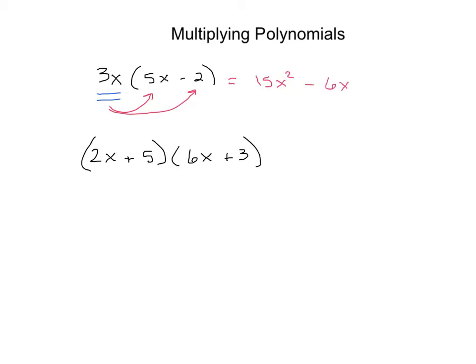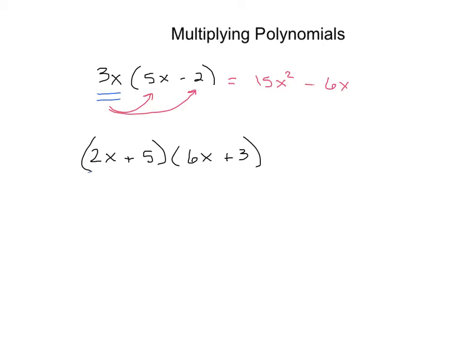So then the next step becomes taking polynomials and multiplying them with each other. It's going to be one step up, but the process remains basically the same. We are still going to distribute, but we're going to distribute multiple times.